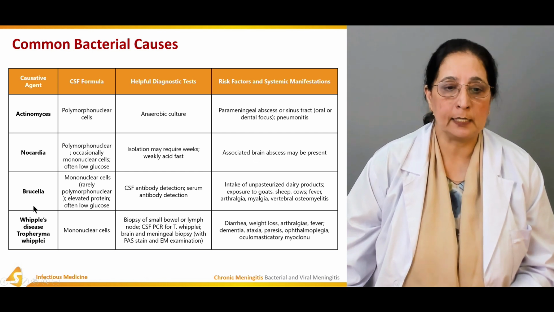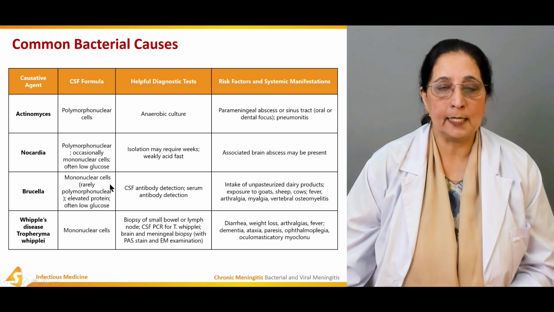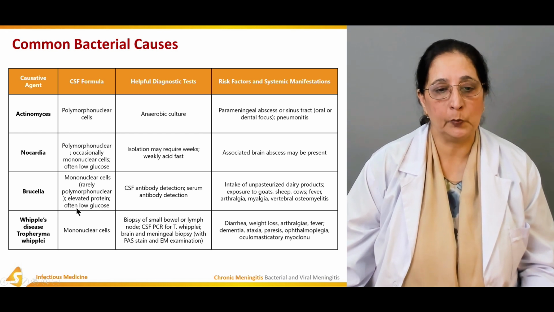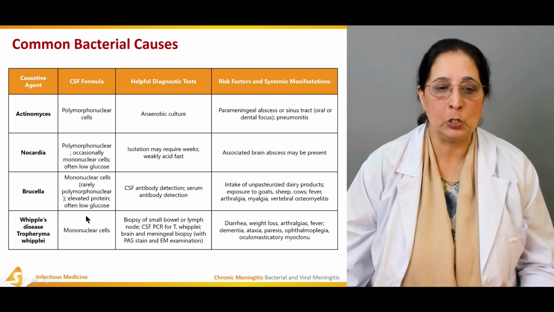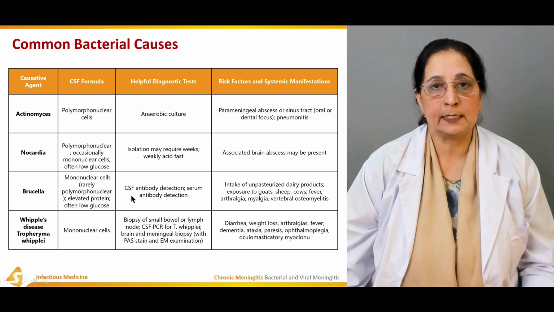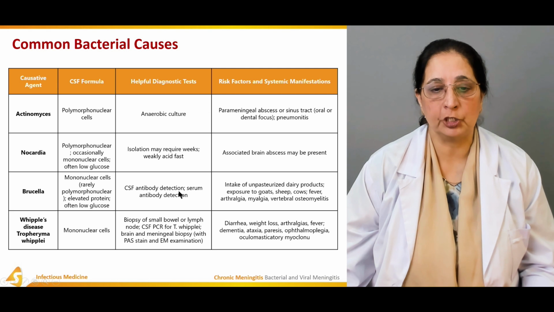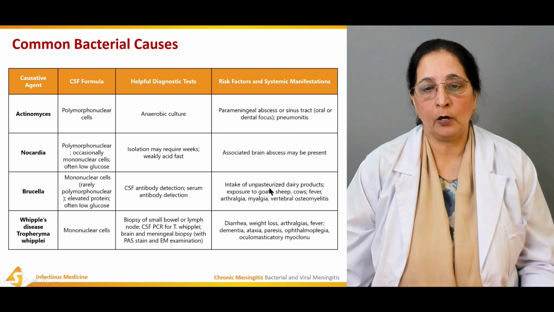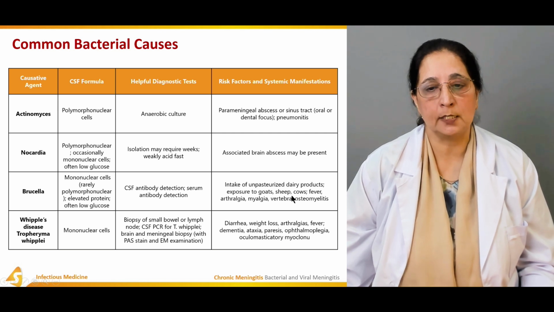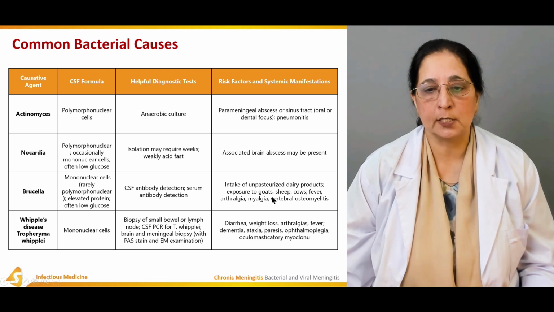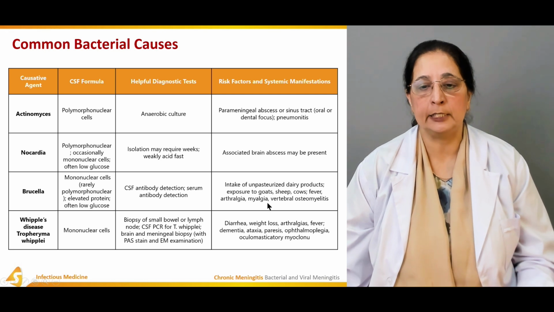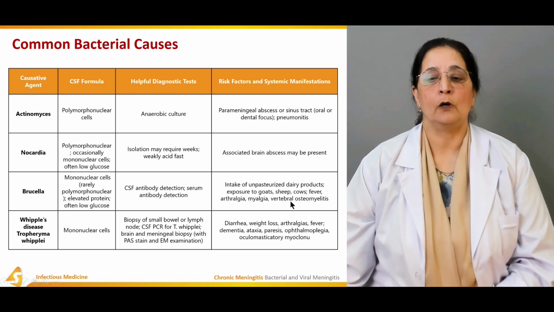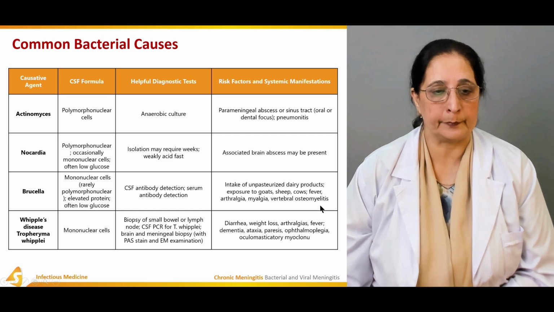Then we have brucella, with mononuclear cells, rarely polymorphonuclear, elevated protein, low glucose. CSF antibody detection and serum antibody detection. Intake of unpasteurized dairy products, exposure to goats, sheep, cows, fever, arthralgia, myalgia, and vertebral osteomyelitis is present.